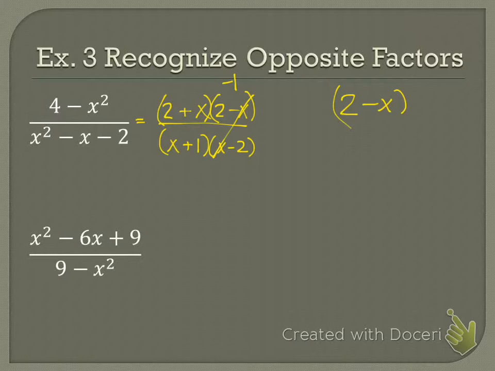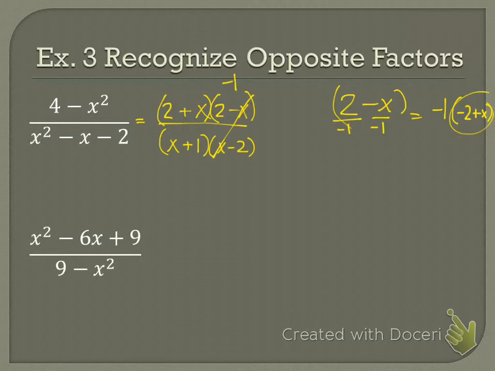Change its sign. That's what we need, right? So we would put the negative 1 over here. And I get negative 2 plus x. Now, does this make this the same as this? Negative 2, positive x. Yes. That's why we cancel it out and leave behind a negative 1.